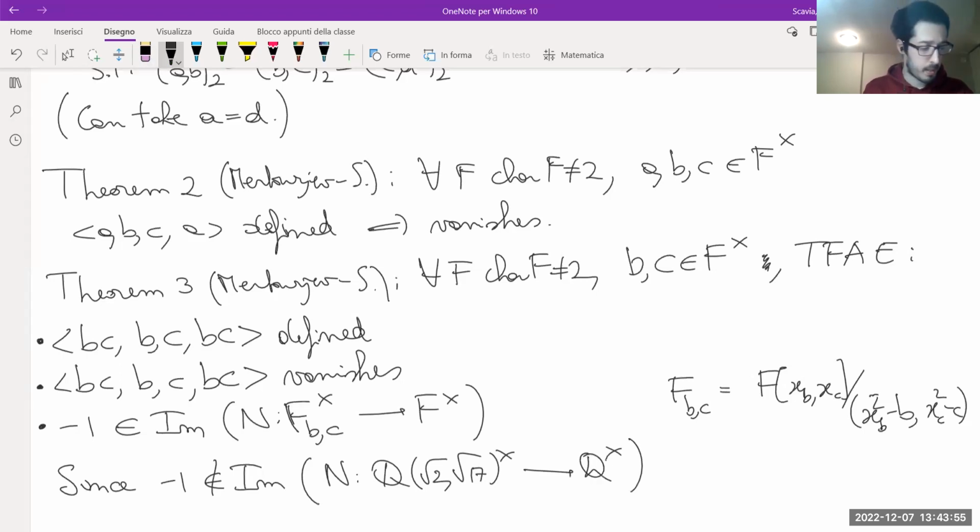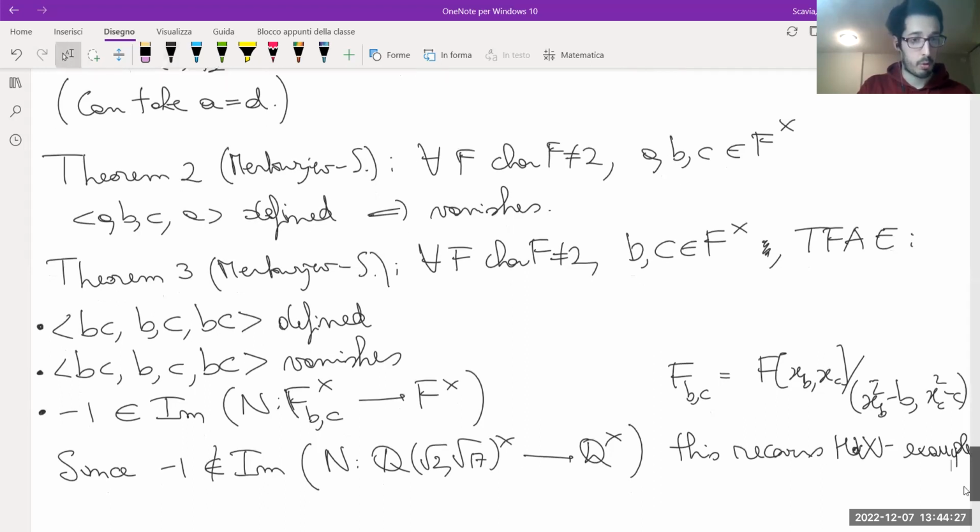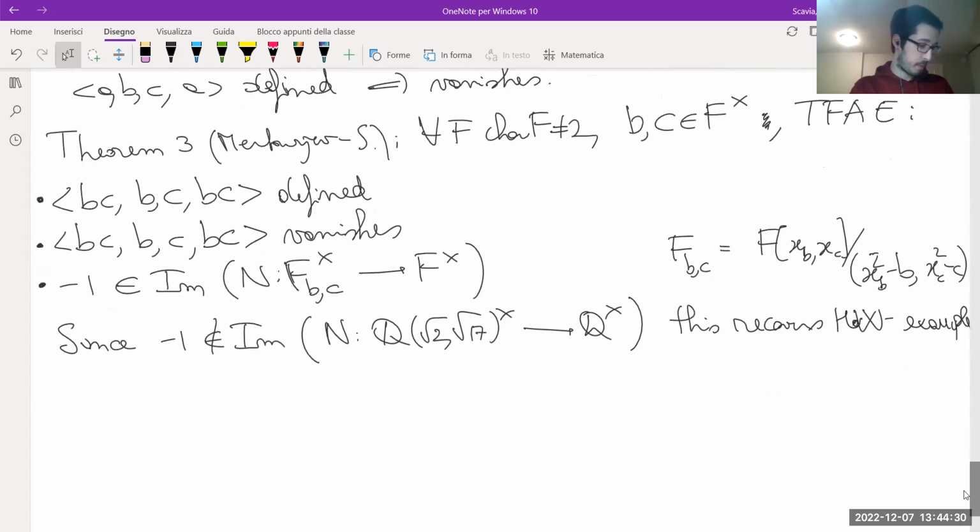The previous example of Harpaz and Wittenberg is recovered by using theorem 3 and then computing that -1 is not in the image of this norm. This is still a non-trivial calculation. It requires some work, but I think it gives at least an alternative conceptual explanation of that example, which is valid for arbitrary fields.